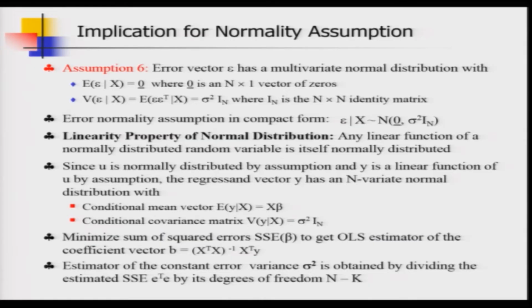Okay, so once the coefficient vector B is estimated, are we done? The answer is no, we are not done. Why? Because when you are writing your classical linear regression model, there is another population parameter that you have written.